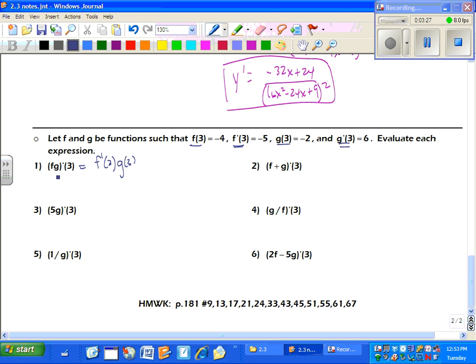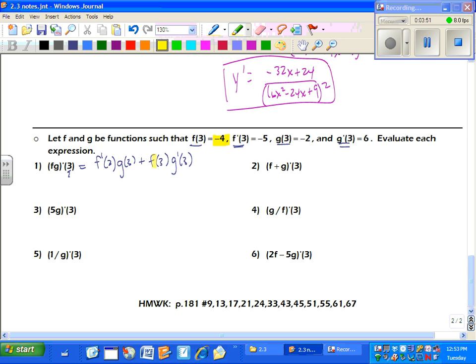That's the derivative of the first times the second, plus the first function times the derivative of the second, so times the derivative of g at 3. So that's just the product rule, except we have a 3 in there instead of x, because it's asking us to evaluate at 3. Now all we're doing is substituting in these values.